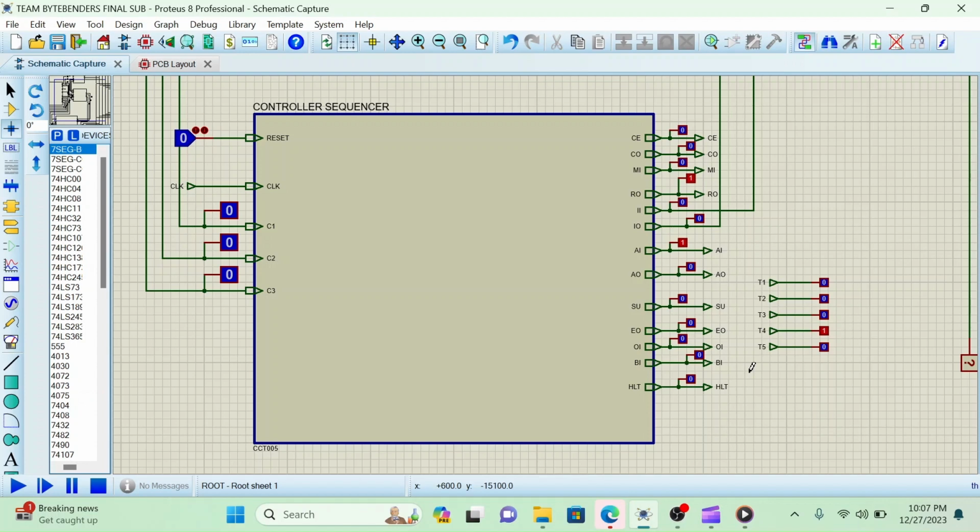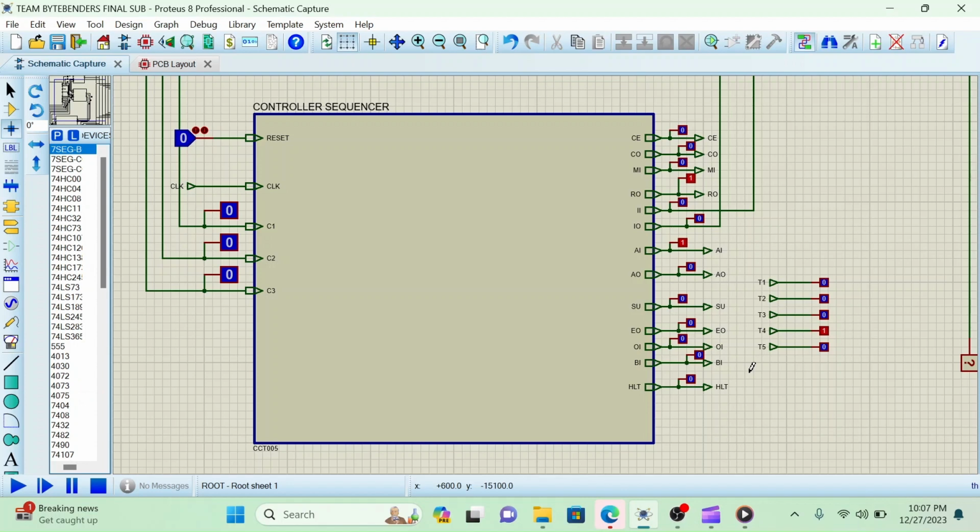Among the 5 input pins, there is a reset pin through which we can reset the controller sequencer. By resetting, we are actually resetting the states we're in inside the controller sequencer. Also, we have a clock input through which we control the controller sequencer using the clock pulse.